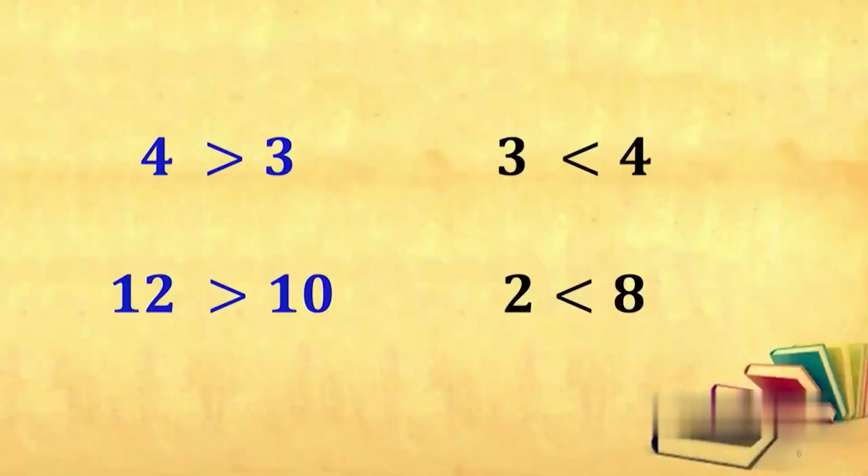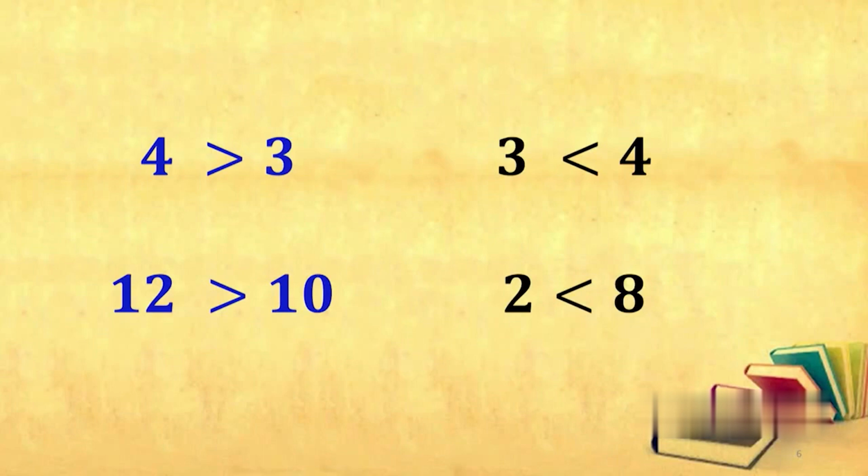So, next we can talk about how to read these. When we write examples, that means 4 is greater than 3, 12 is greater than 10, like that. How to read these inequalities? Look at the slide.